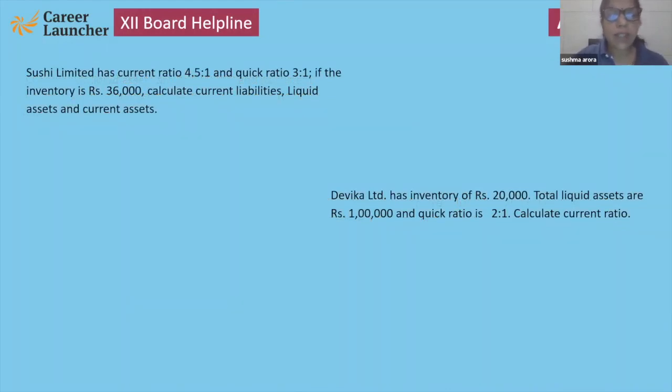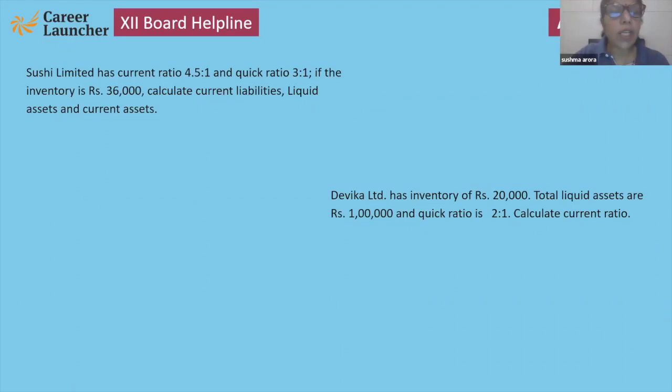Sushi Limited has a current ratio of 4.5:1, quick ratio 3:1, inventory is 36,000. Calculate current liabilities, liquid asset, current asset. That question came in CBSE for 3 marks. Yes, children, what is the answer for Sushi Limited? Let me know.